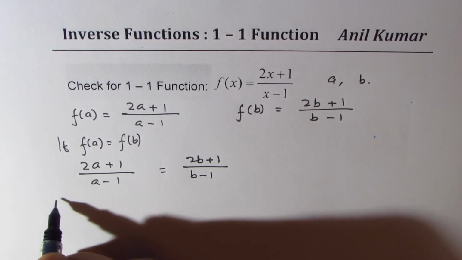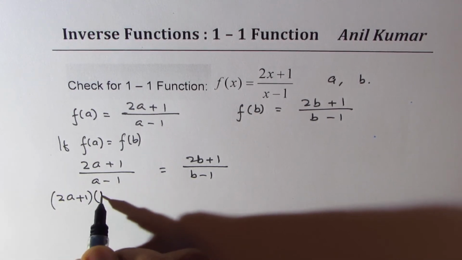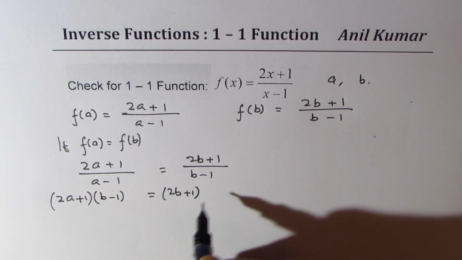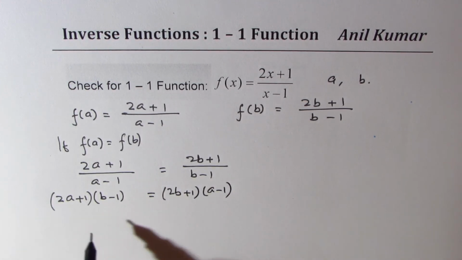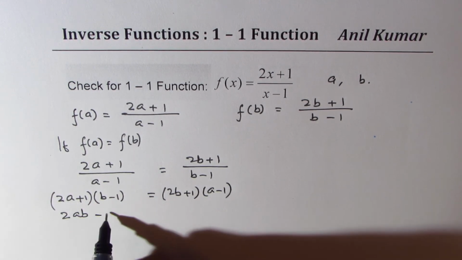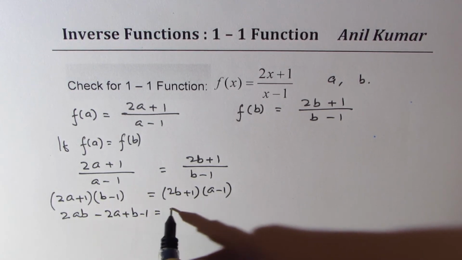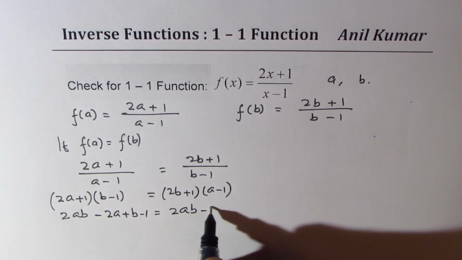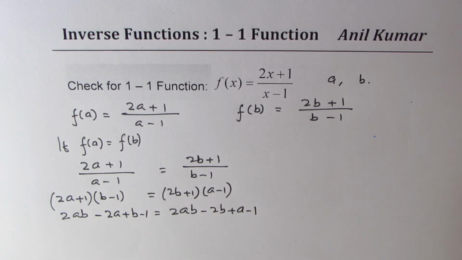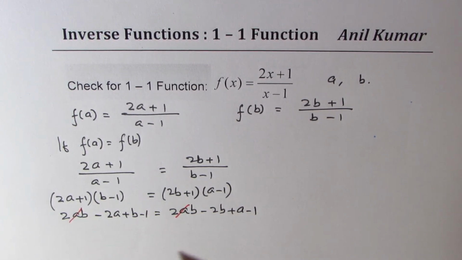So let's cross multiply. We get 2a plus 1 times b minus 1 equals 2b plus 1 times a minus 1. Expand, so we get 2ab minus 2a plus b minus 1 equals 2ab minus 2b plus a minus 1. Now common terms get cancelled.